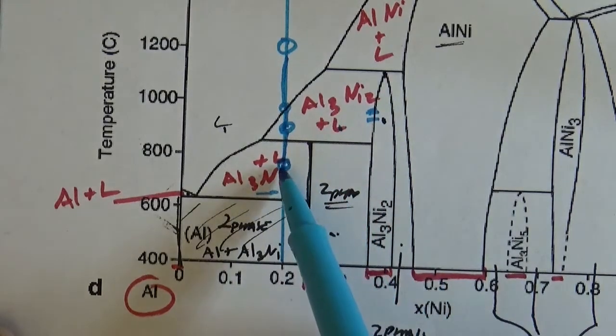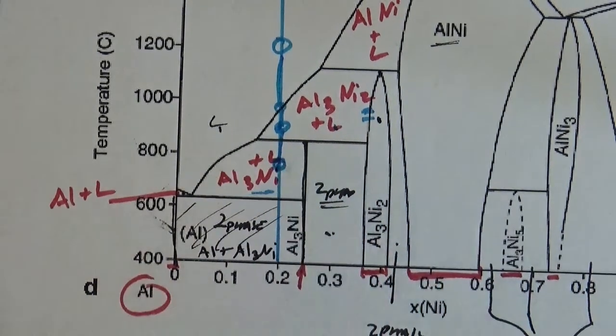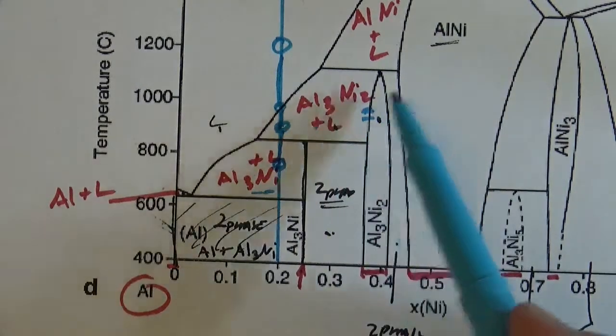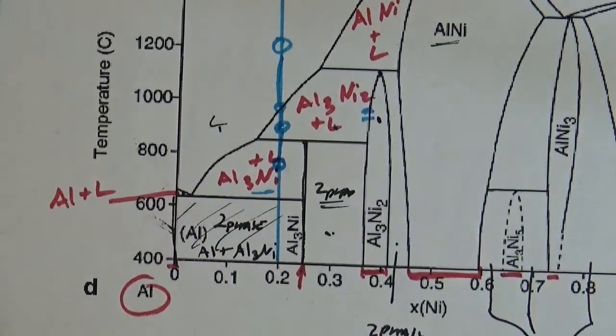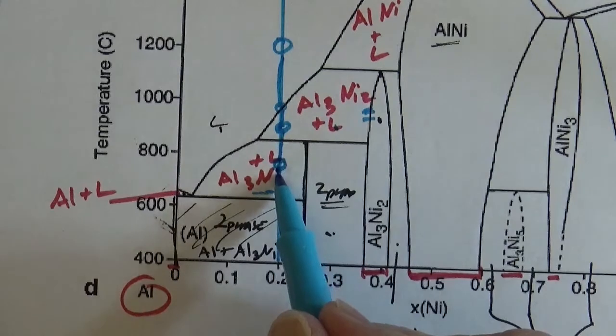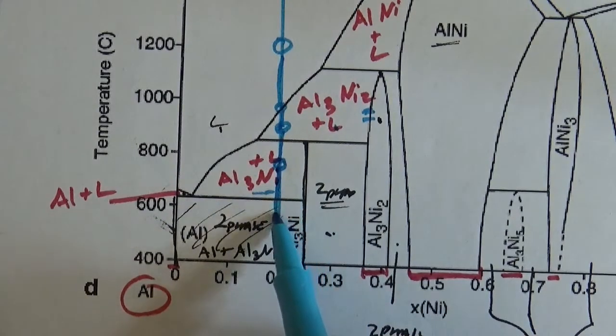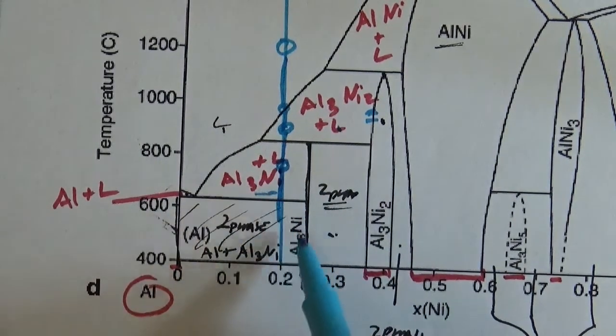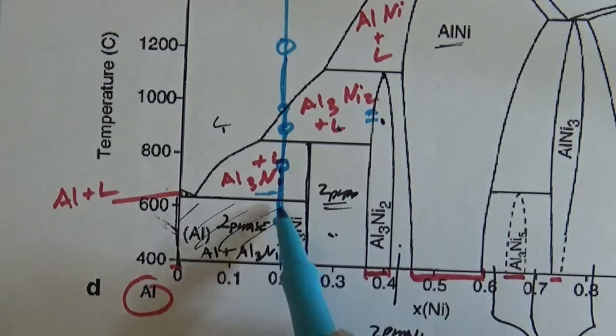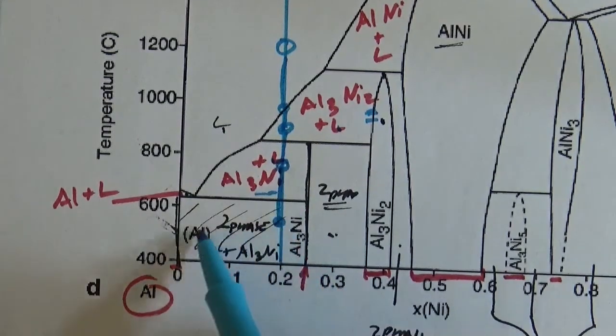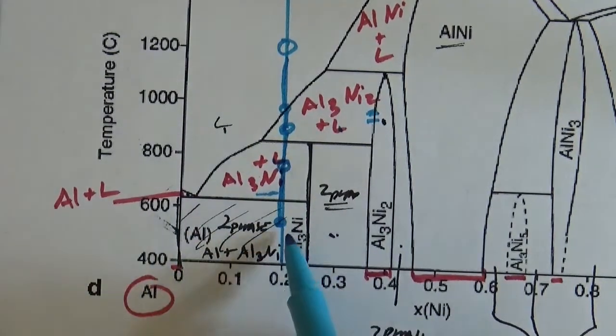So there's a change, and these type of changes where we have a change in the solid, this is from having a peritectic. And then we keep cooling down, and here the Al3Ni is still present, but now that liquid has transformed into Al.